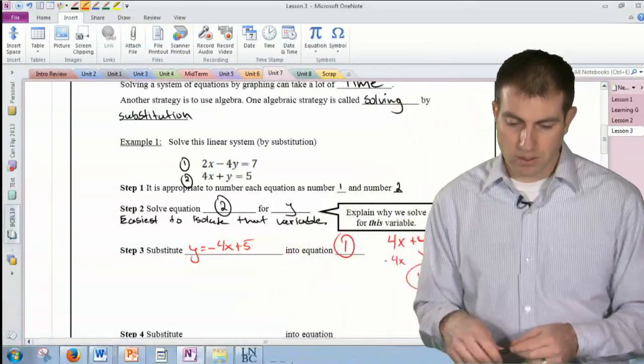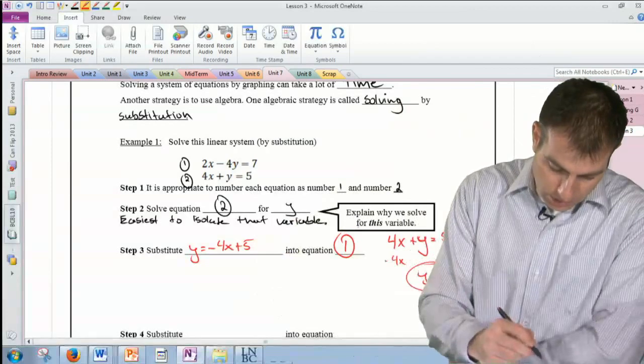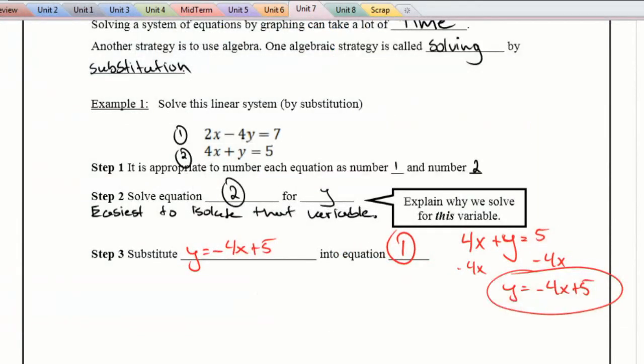It doesn't really matter. So what I'm going to do is take equation number 1, which was 2x minus 4y equals 7, and I'm going to put this negative 4x plus 5 in for the y.